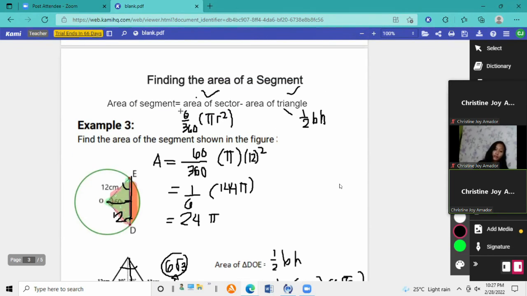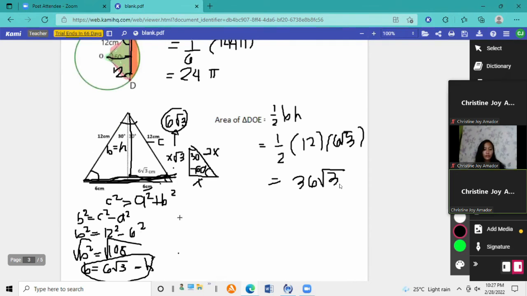Again, let's go back to the formula. In finding the area of a segment, we need to find the area of a sector and the area of a triangle. We now have the value of our area of sector, which is 24 pi, and the area of a triangle, which is 36 square root of 3.